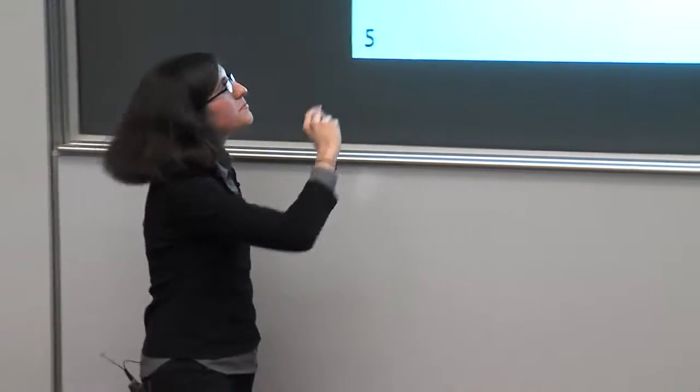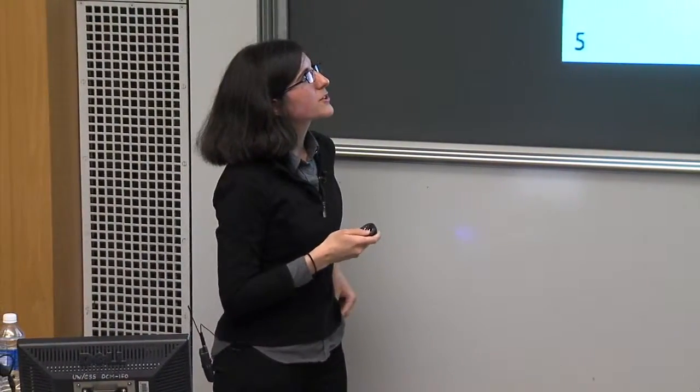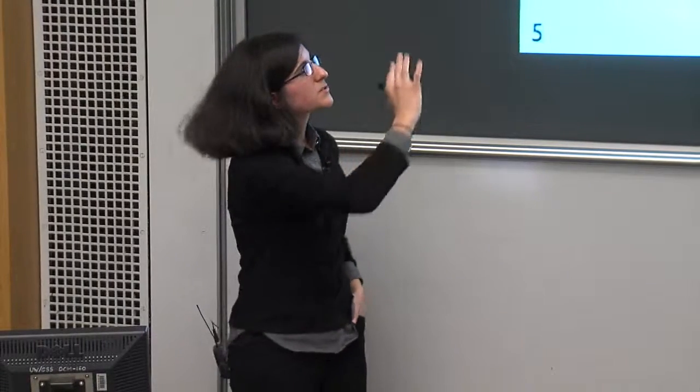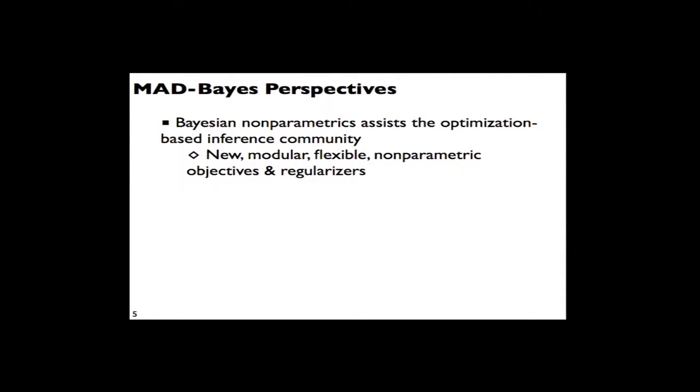Our perspective with this MAD Bayes framework that I'm about to tell you about is to take these Bayesian non-parametric ideas and use them to assist the optimization-based inference community in the following way: to come up with modular, flexible, non-parametric objectives and regularizers, where these words mean what I said on the previous page, the versions from the Bayesian non-parametric models. And if you really like taking a Bayesian approach, then you can think of this as potentially a way to initialize some sort of Bayesian procedure like a sampler.